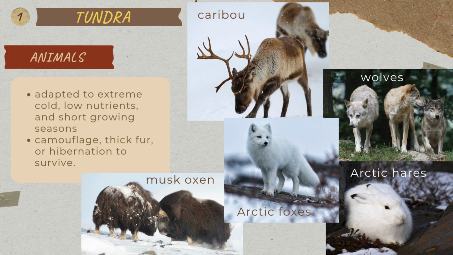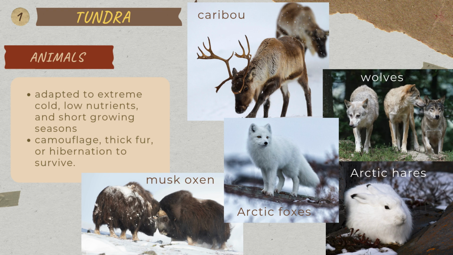Okay, and when it comes to adaptation, animals here are capable of camouflage. They have thick fur, and others do hibernation so that they can survive. For example, Arctic foxes and Arctic hares, as you can see here, are white.